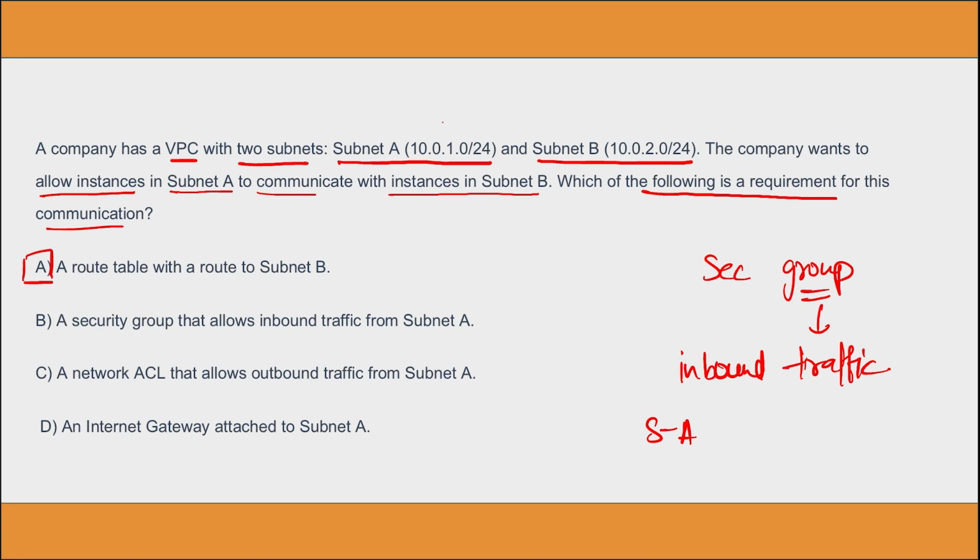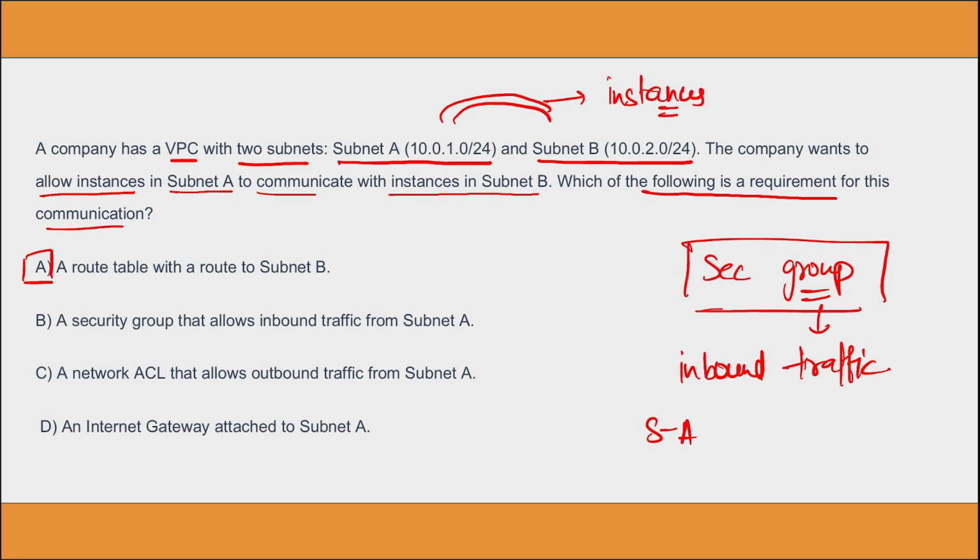Why? Because the security group controls the inbound traffic to instances and not communication between these subnets, correct? Security groups are required for the instances and not for your subnet.